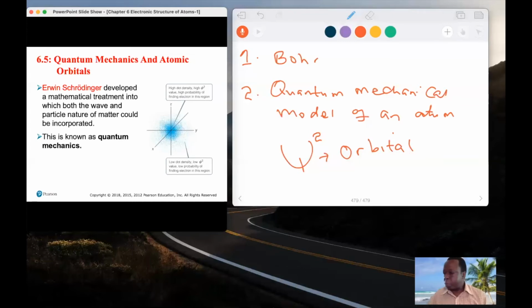We call that an orbital, which is different from an orbit. An orbit is just a circular path around the nucleus, around an object. But an orbital is a region of space.